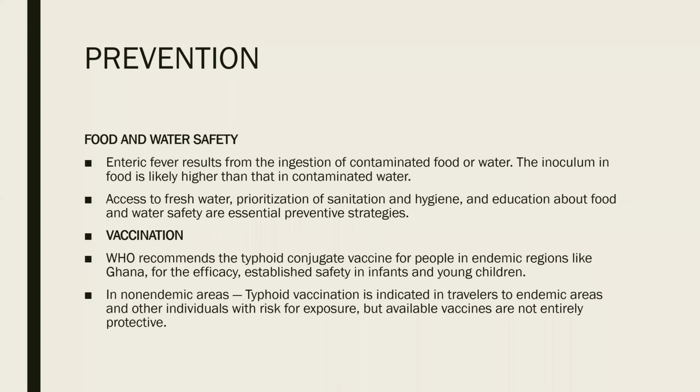And these ones are for people in the endemic regions like Ghana for the efficacy, because it's been shown to be very effective. It's also shown to be very safe in infants and young children. But it looks like in Ghana, it's still in the preparation phase or the pilot phase.